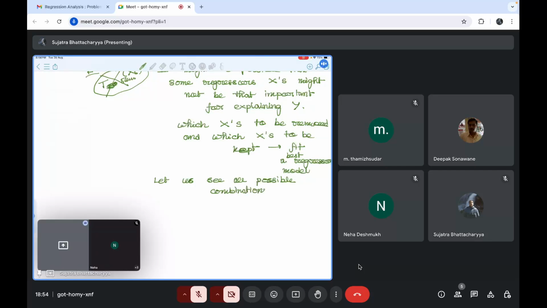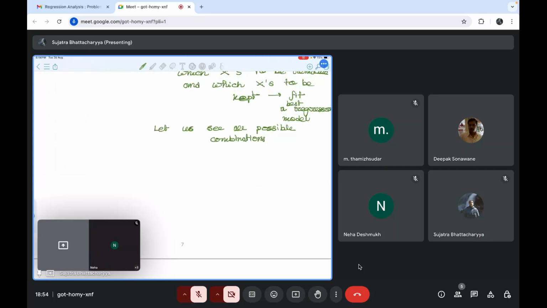I will give an example also once I write this. Suppose this is the number of regressions, the possible ways.